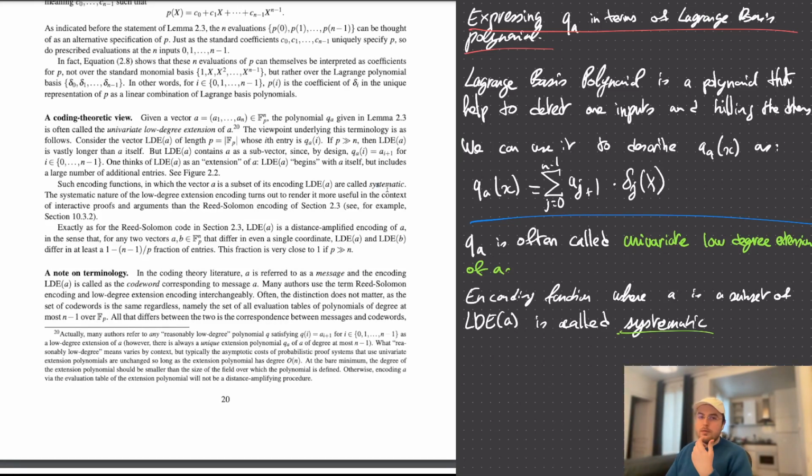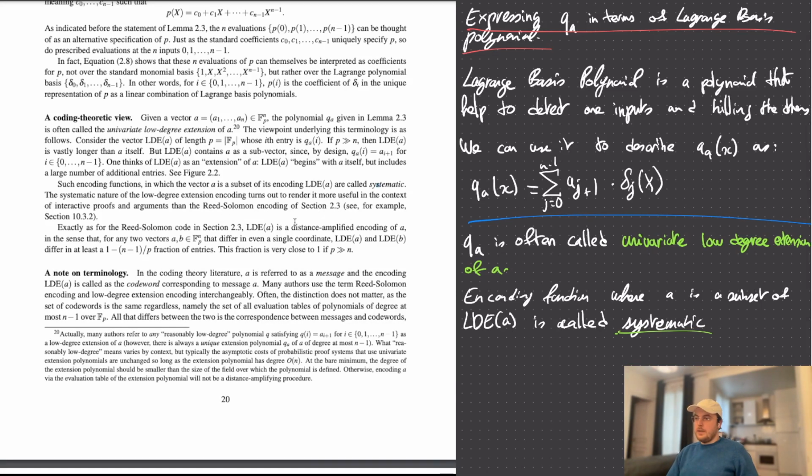And I will get back to the paper afterwards. The systematic nature of low degree extension encoding turns out to render it more useful in the context of interactive proofs and arguments than the Reed-Solomon encoding of section 2.3.